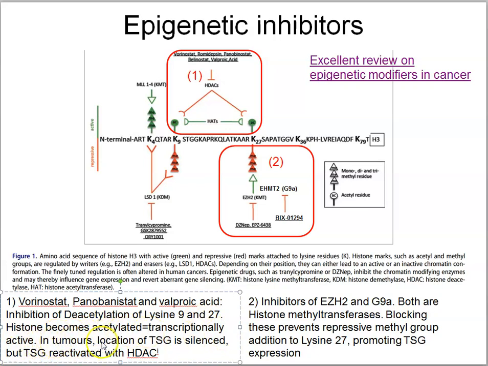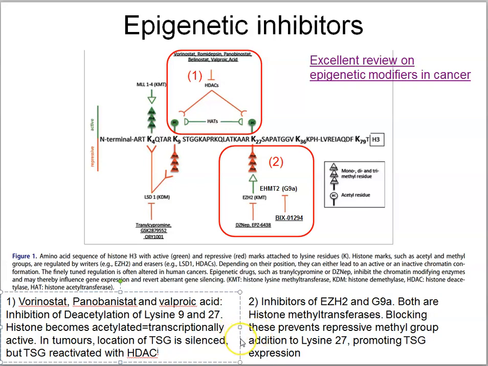What tumours tend to do at the location of tumour suppressor genes is silence that DNA. Now if we use a histone deacetylase inhibitor, that will encourage DNA to be more likely to be acetylated and therefore cannot be silenced. So by using vorinostat, valproic acid and other HDAC inhibitors, you add these drugs to tumour cells, and the tumour cells start to re-express epigenetically silenced tumour suppressor genes.